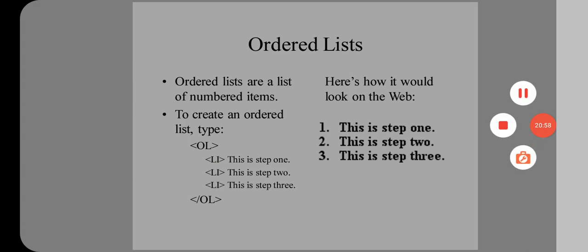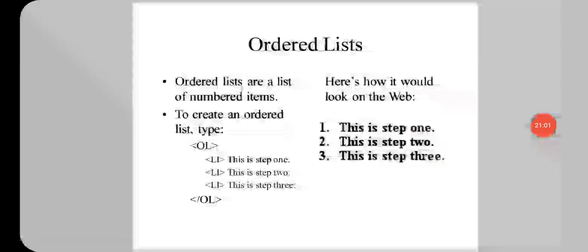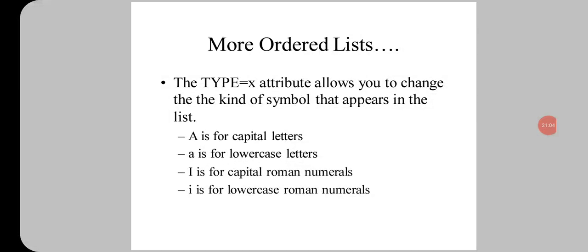Ordered and unordered lists also have some other attributes. The type parameter is generally used to create other types of data items or other types of lists along with list items.